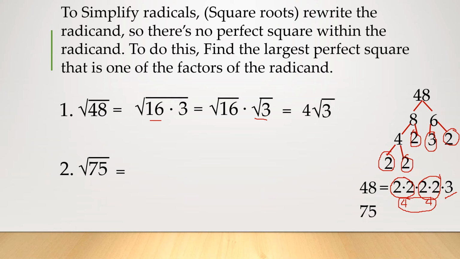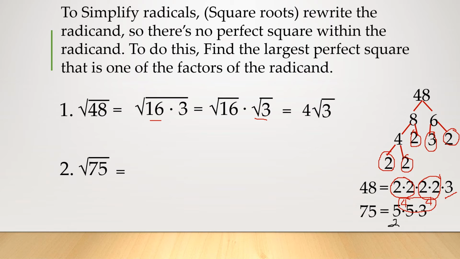Okay, so now, what about for square root of 75? You can also do prime factorization, but it's easy because 75 is simply 5 times 5, that is 25, times 3. 25 times 3, 75. And we know that 5 is a prime number and 3 is a prime number. So we have 5 times 5, 25.